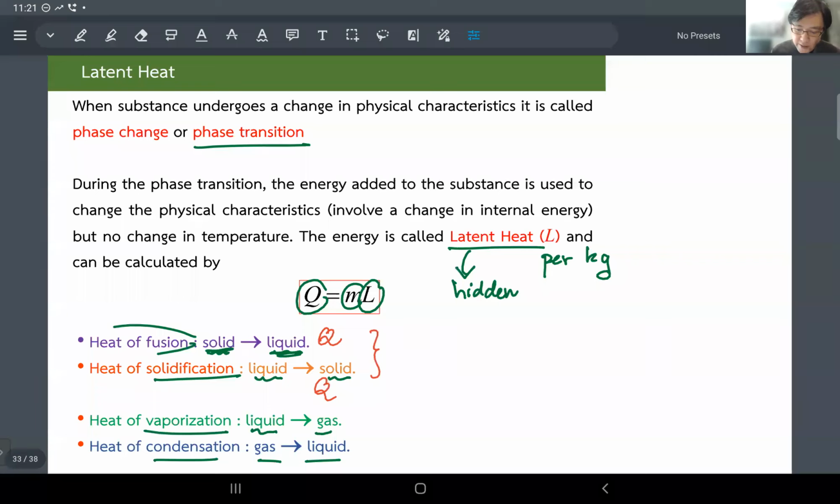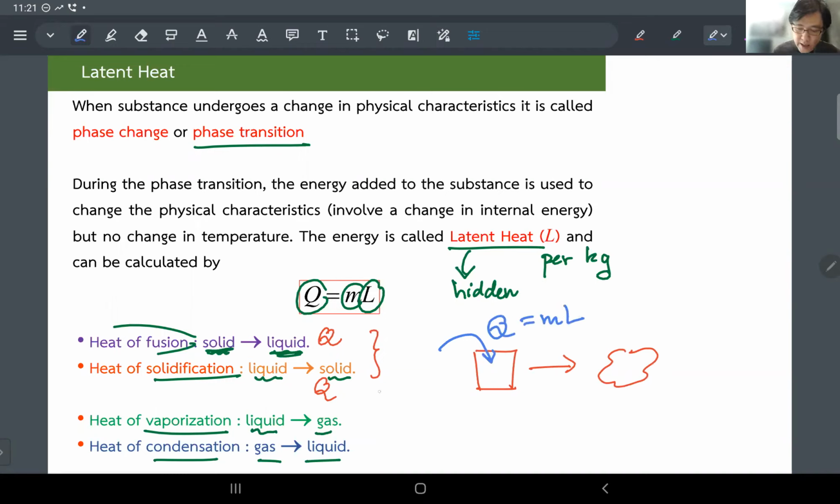Okay, so if you have a solid and you want to go to a liquid, you have to supply energy, Q equal to mL. But the other way, if you want to go from liquid back to solid, you have to actually extract the heat out from it, the same amount.